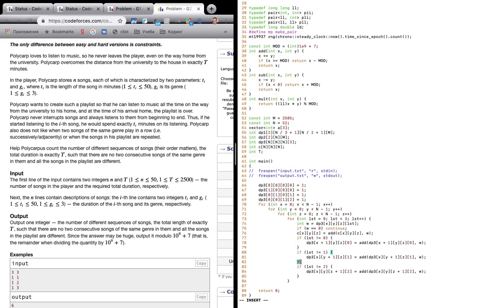When we already calculate this DP, when we use it, we don't have to know the last song. We only need the sum over all three genres. Okay.